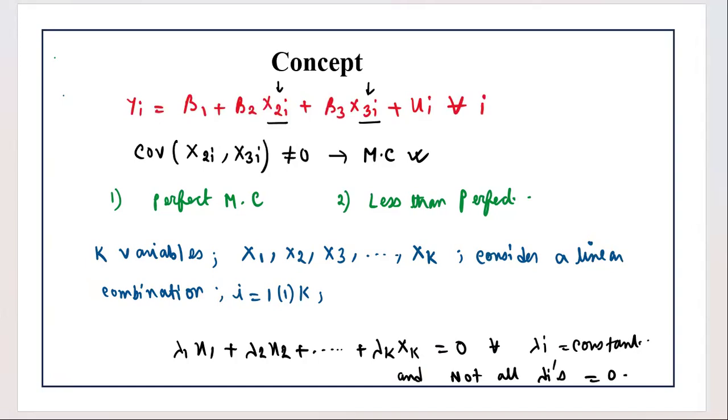So if this is the scenario, suppose you are considering a model which has k explanatory variables, namely x1 to xk, and you find that a linear combination is present which looks something like this: lambda 1 x1, lambda 2 x2 plus lambda k xk, and they are exactly equal to 0. But these lambda i's are certain constants and not all lambda i's are 0. Then what you can say is that there exists an exact linear relationship among the variables, right?